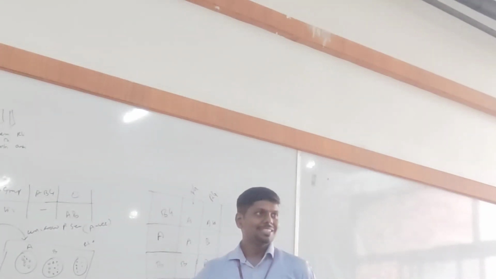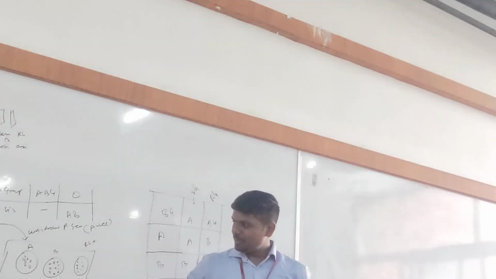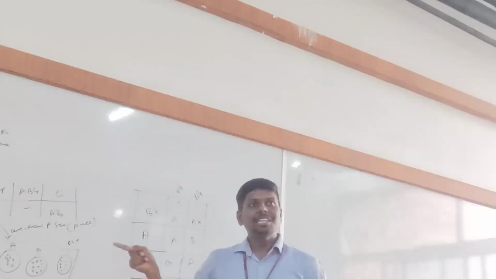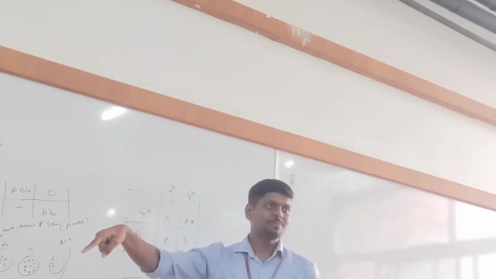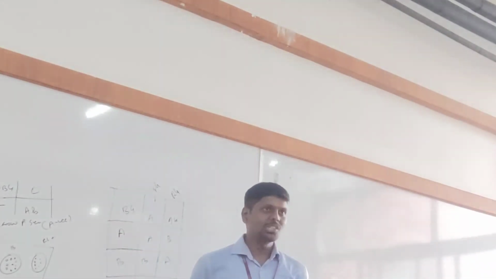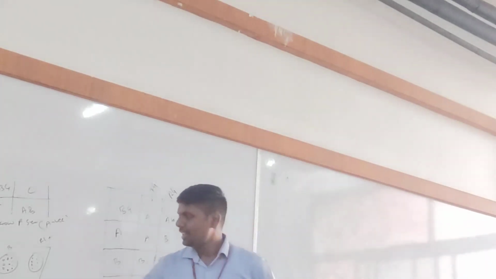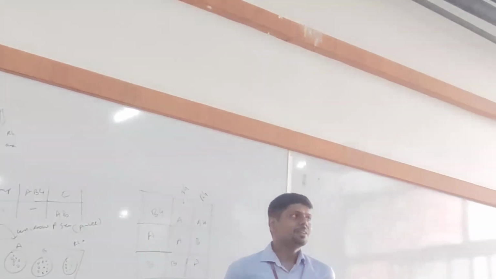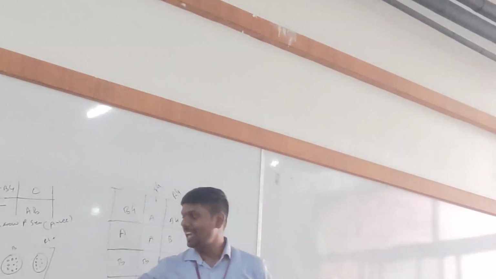Got it? Why O negative? That means my patient has both A and B antibodies. That indicates the patient was O group. Now you understood the concept of reverse grouping. Now what is this group? B group. That's why he has A antibodies.